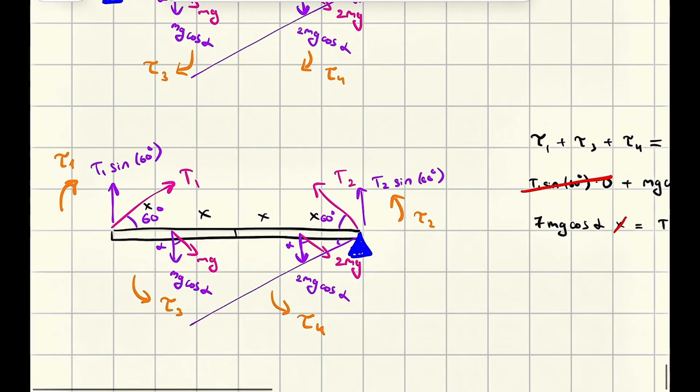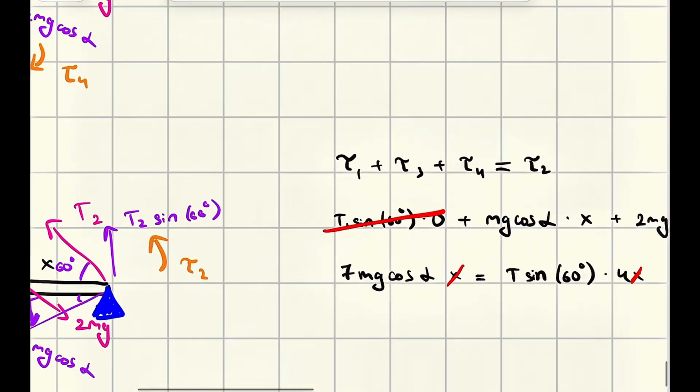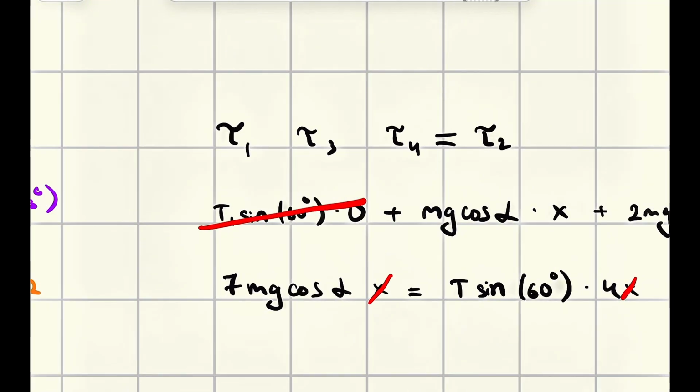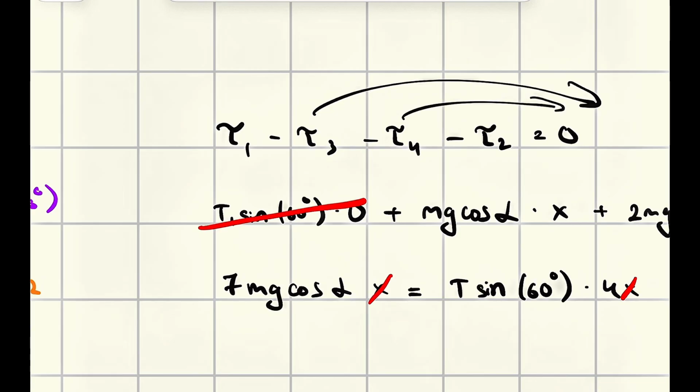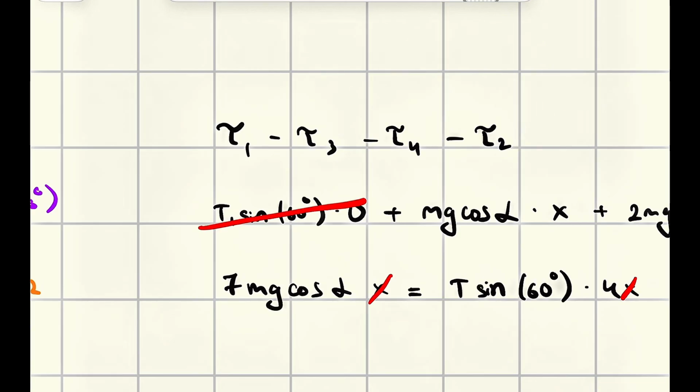You can see that tension 1 is trying to rotate it clockwise, and all the others are trying to rotate it counterclockwise, which means tension 1 minus all those things, minus, minus, minus. It's equilibrium, it's just 0. But if I move all of them to the other side, it's got to be just plus, plus.